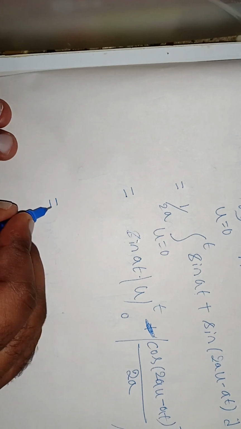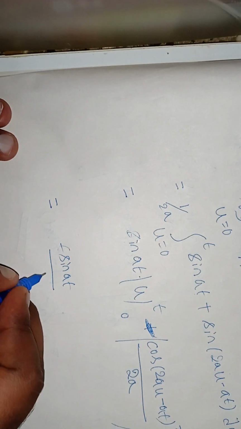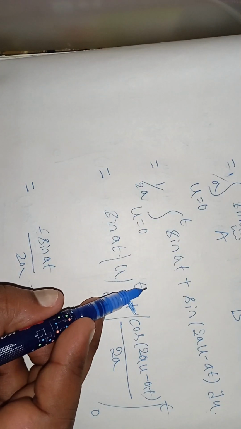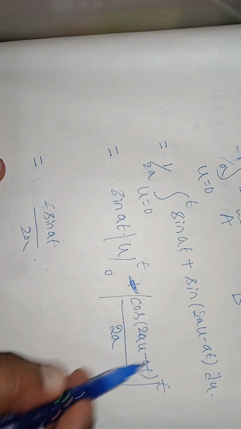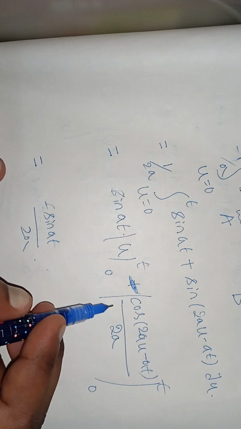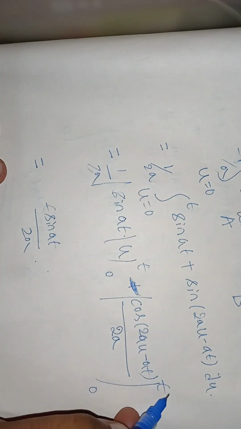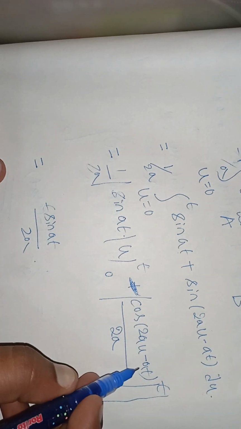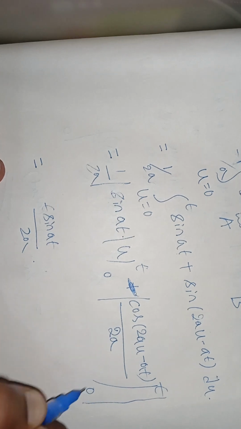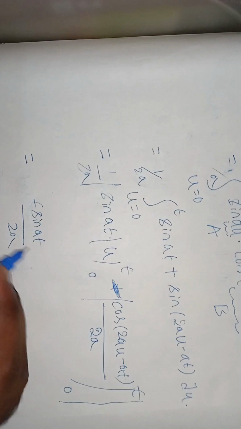So you end up with t sin at by 2a. If you apply the limit you get sin at into t, and this term will be 0 because, of course, you have 1 by 2a outside for the whole term, and if you apply the upper limit t, 2at minus at gives cos at, and at the lower limit it is cos at, so cos at minus cos at will be 0, so you end up with this result.